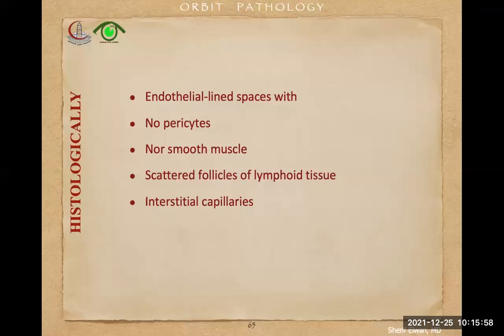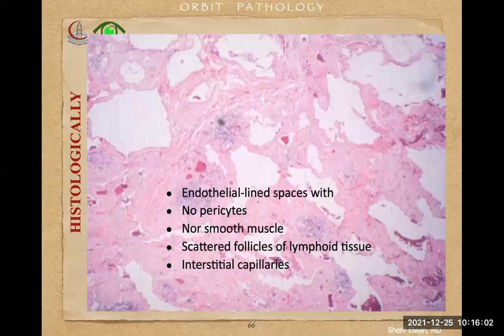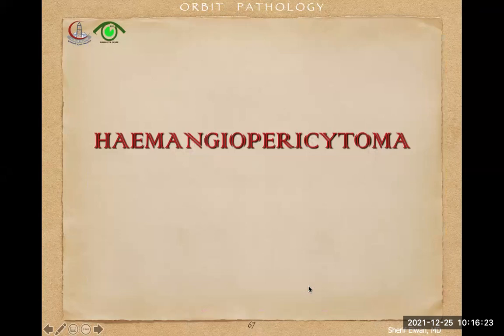No smooth muscles, scattered follicles of lymphoid tissue and interstitial capillaries. As you can see, big spaces lined with endothelium, vascular interconnective tissue septa, no pericytes, no muscles, and lymphocytes scattered everywhere, and interstitial capillaries, as I said.